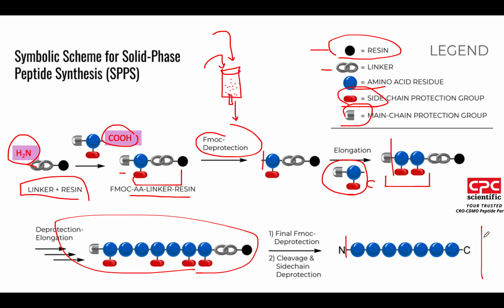Then this will be your final peptide. There are a lot of different methods to do that. If you have several peptides and you want to form a protein, you can combine them together and get a bigger protein. So, this is the steps on how to carry out solid phase peptide synthesis.